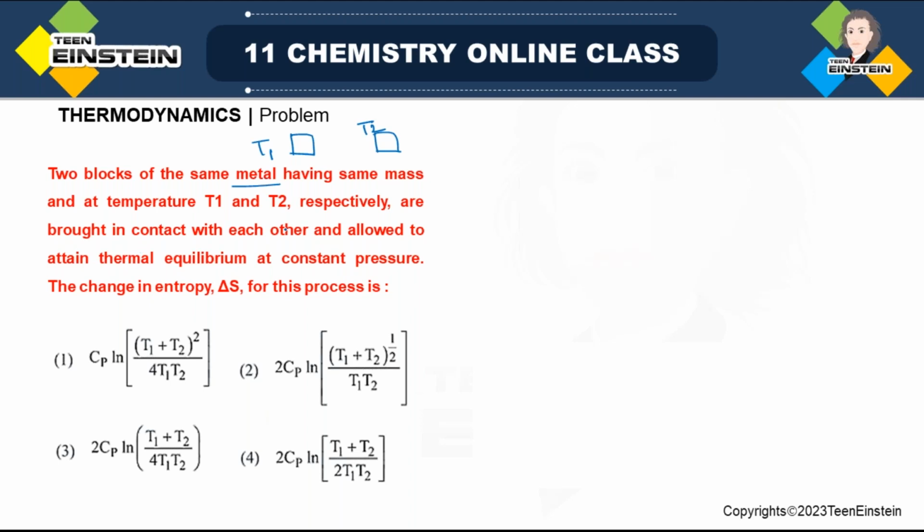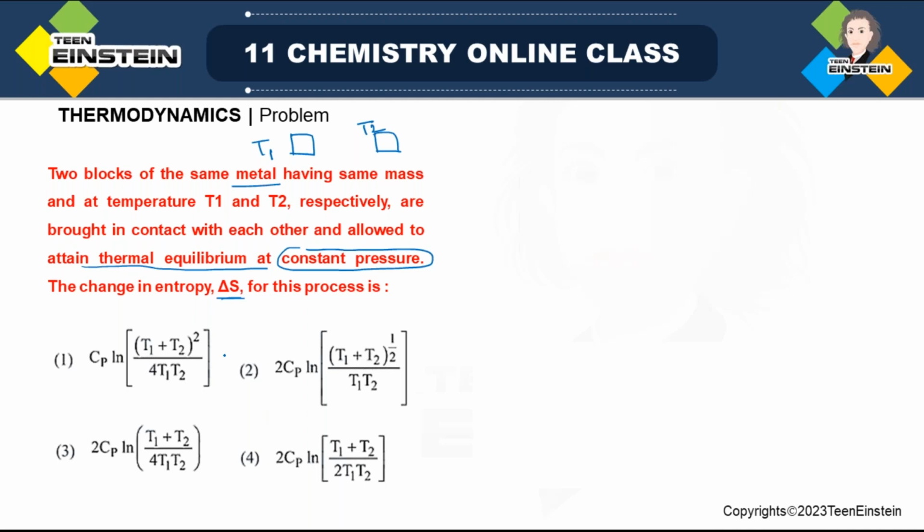So initially they are not in contact, but now you are touching each other, they are in contact and allowed to attain thermal equilibrium. Pressure is constant. Under this condition, we have to find the change in entropy, that is, del S, for this process.